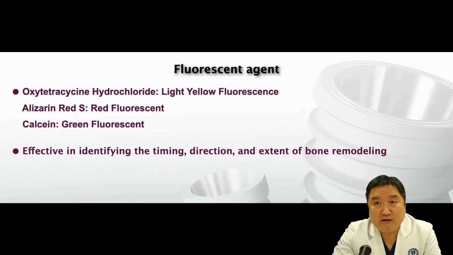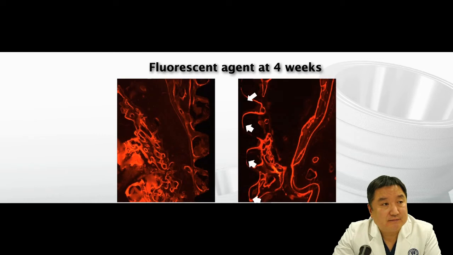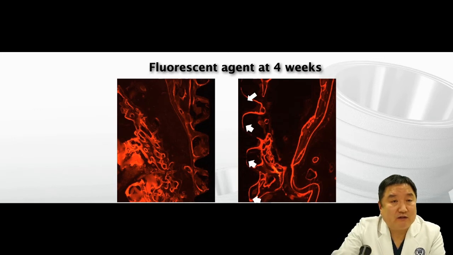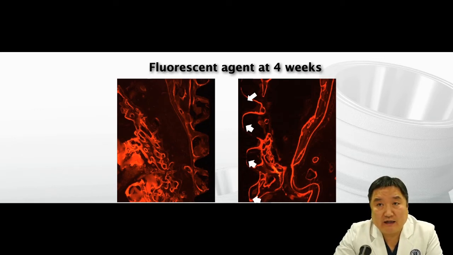An interesting aspect of this study was that we used a fluorescent agent so that we can observe new bone formation much more clearly on the titanium surface. Comparing the test group on the right-hand side, the UV group, you can see the dye fluorescent agent very clearly, which means more active bone formation on the surface of the titanium implant in the UV-treated group.